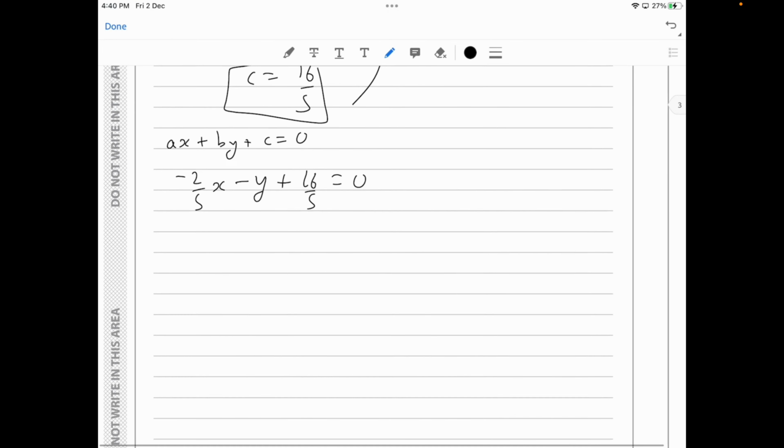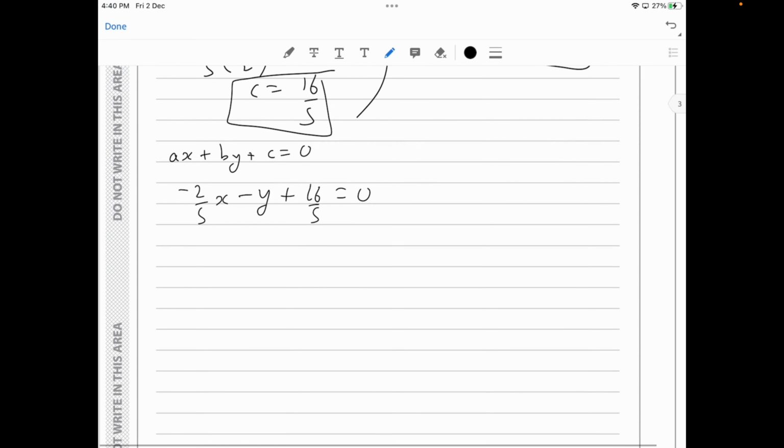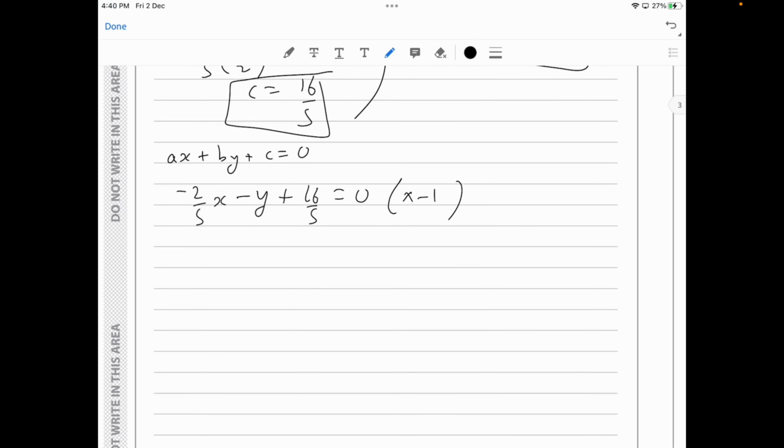We have to rearrange this carefully so that we get this right. We're just going to multiply everything by negative 1 first so that we get nice positive integers, so negative 16 by 5. Now we can multiply everything by 5. So you're going to get 2x plus 5y minus 16 is equivalent to 0.